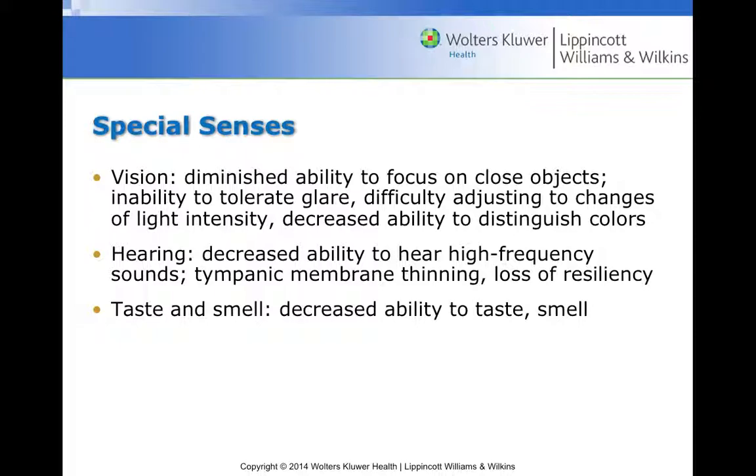However, assistive devices such as glasses and hearing aids can compensate for sensory losses. As nurses, we can enhance sensory stimulation in the environment with colored pictures, textures, and taste. You also want to note that age-related macular degeneration is the primary cause of vision loss in the older adult.